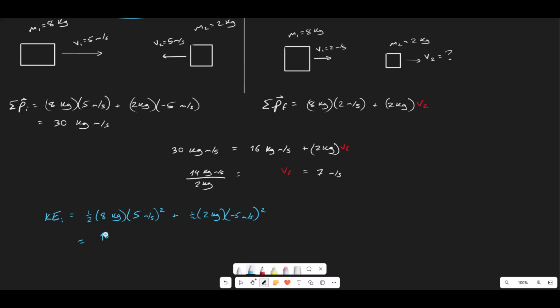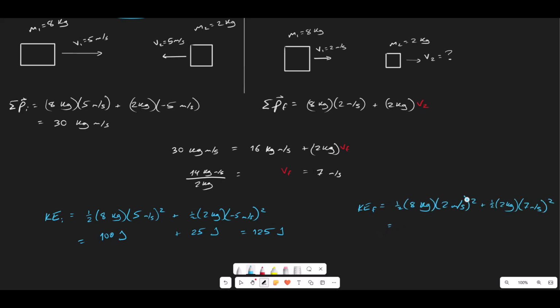That's still 100 joules. That's still 25 joules. And I still have 125 joules of initial energy. Now when they stuck together, we lost energy. So there is this easy thought to have that when they don't stick together, we must keep our energy. Let's see what happens.